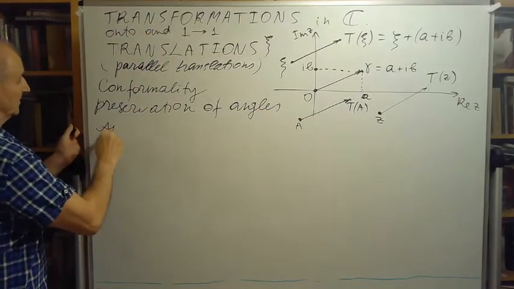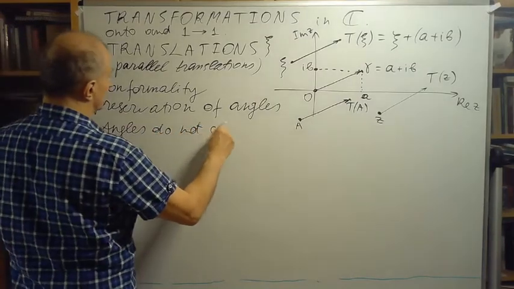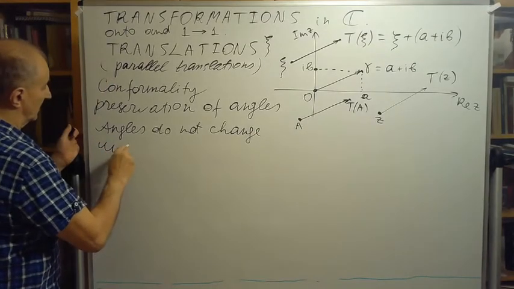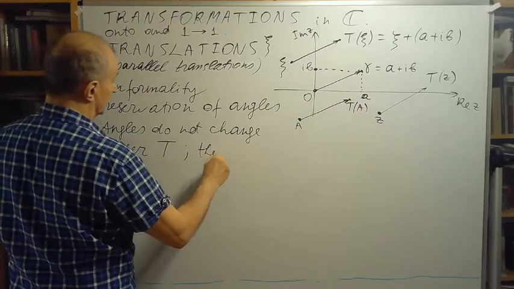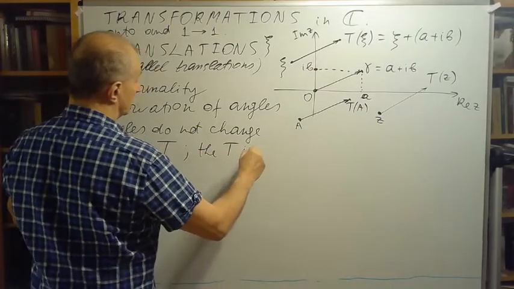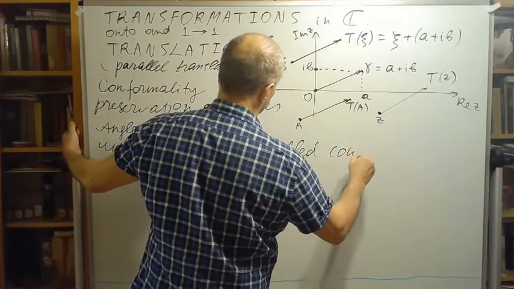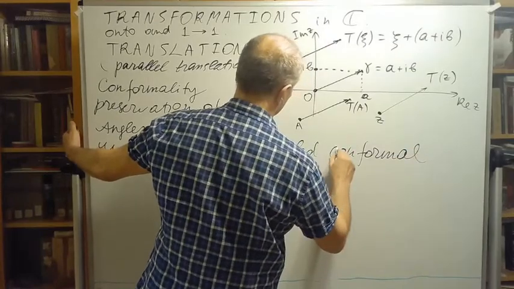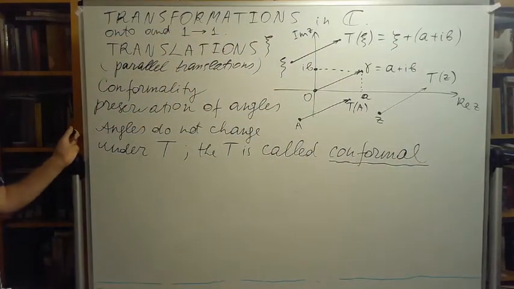So, angles do not change under the transformation t. Then t is called conformal, or we say it possesses the property of conformality of angles. And certainly the translations possess this property.